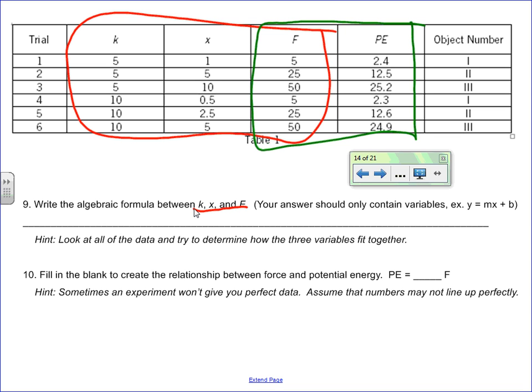So if we look at K, X, and F, just like we did in the practice, the first one we have is 5, 1, and 5. Now with every equation we come up with, the equation that works for 5, 1, and 5 also has to work for 5, 5, and 25. So what works for all of these all the way down?